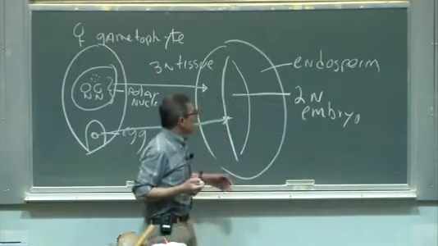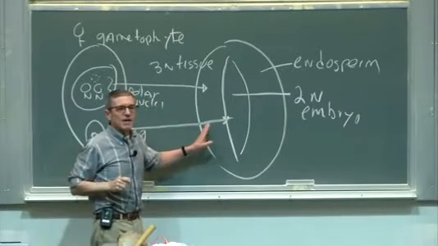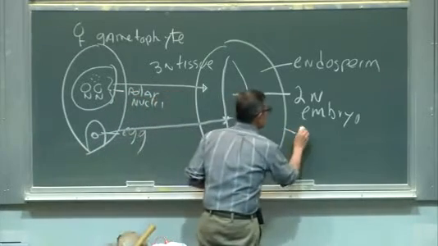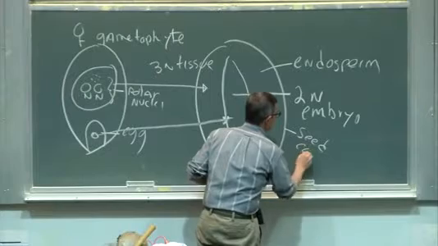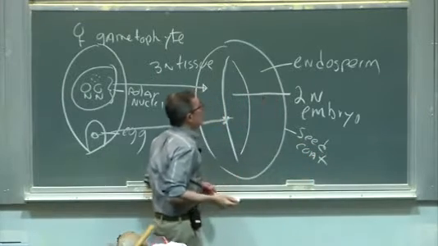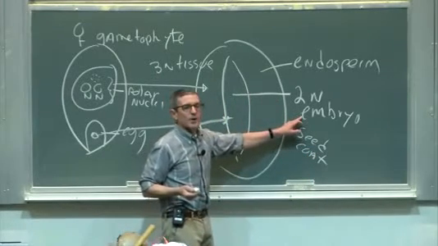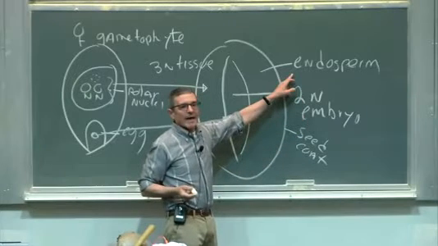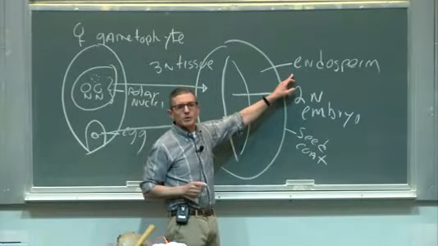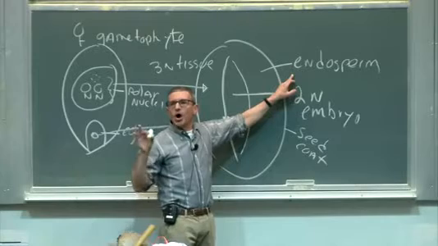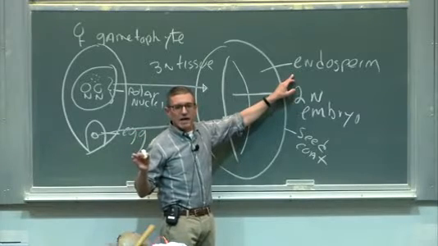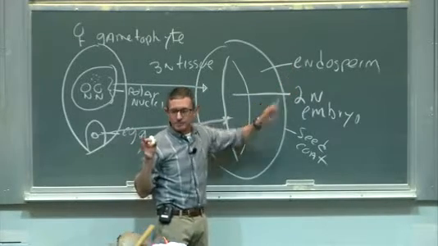So this then is the status of a seed as it's maturing. It has the seed coat on the outside, and then within the seed we have the developing embryo, that is the new sporophyte, and this tissue, this triploid tissue, which we're going to talk a lot about, and with which all of you daily have contact. You may not realize it, but you do.